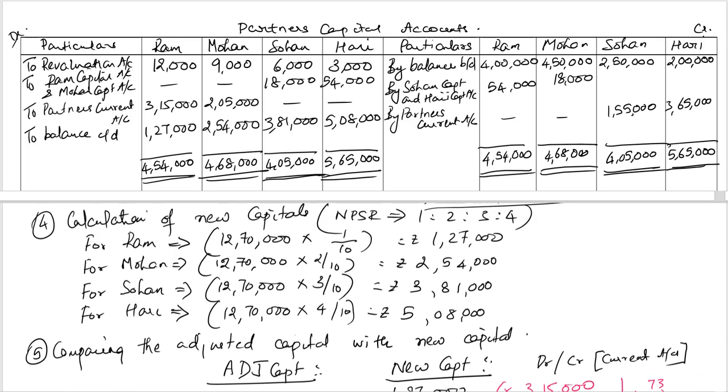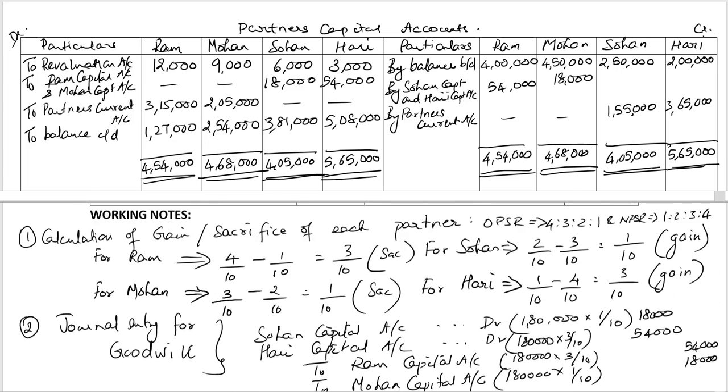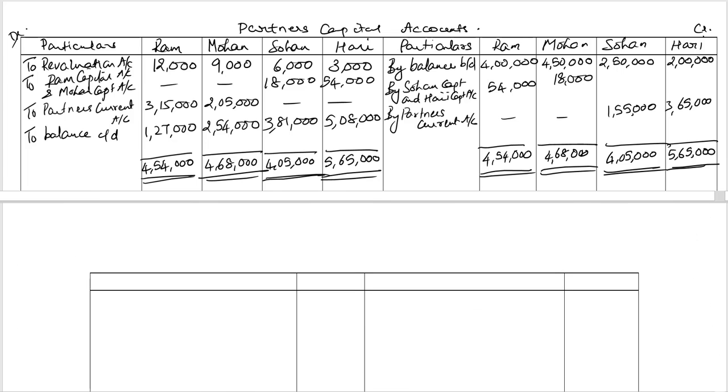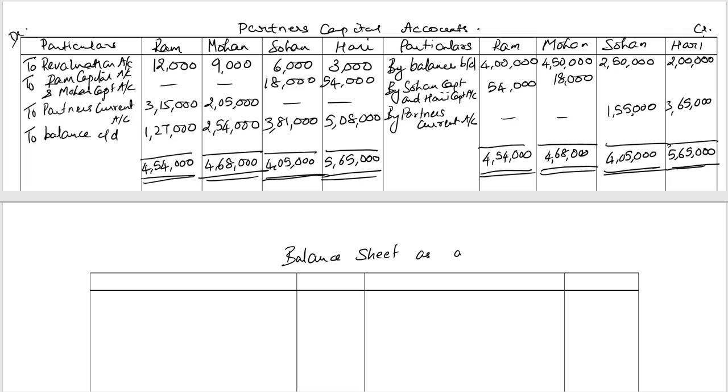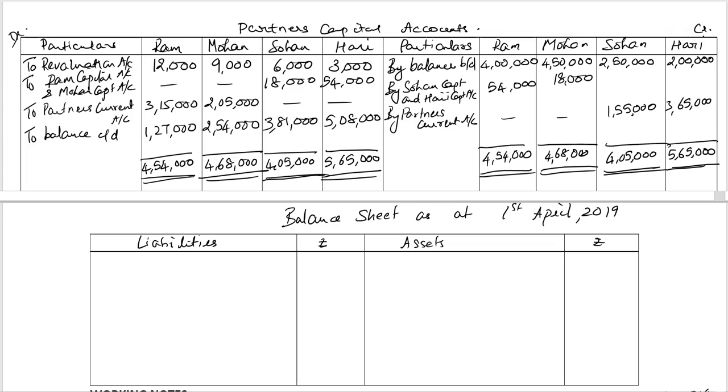So let's prepare the balance sheet of the firm. Balance sheet as at 1st April 2019. We have the liability side and the assets side. We'll finish the balances of partners' capital and current accounts first.